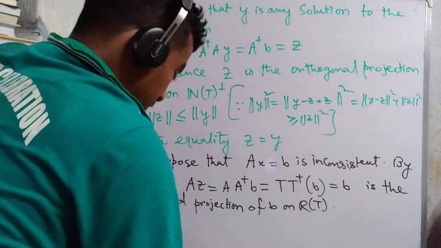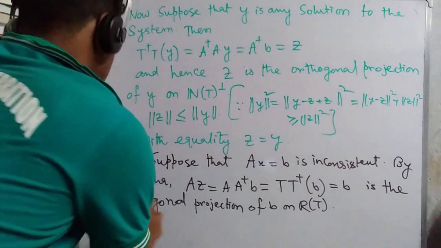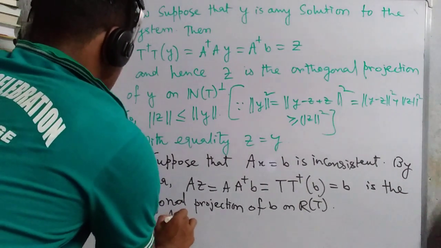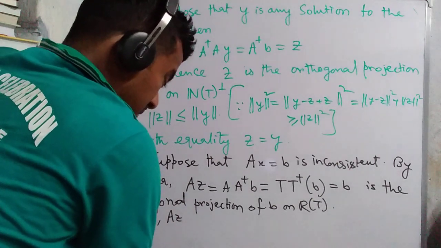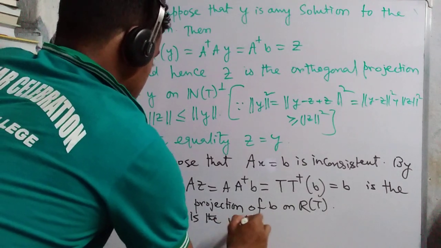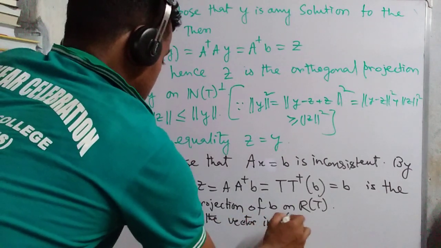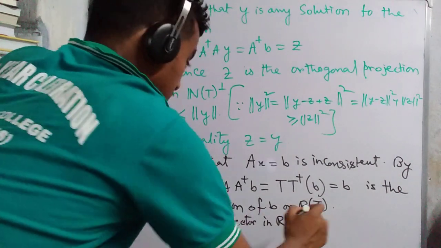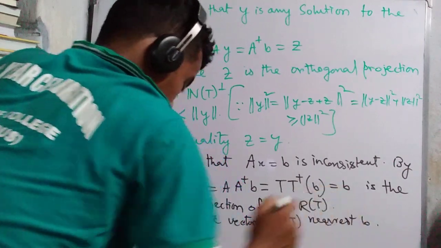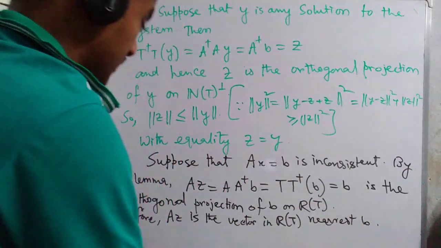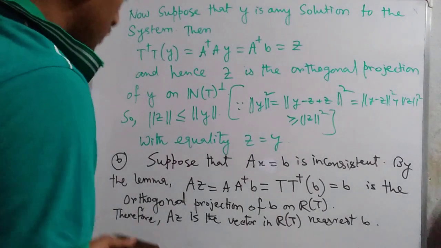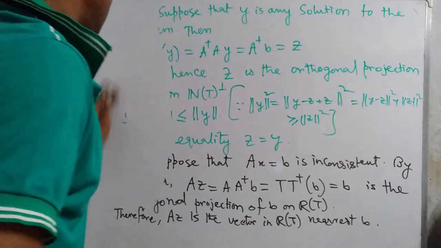Therefore Az is the vector in Rt nearest b. Okay. Then what happened? We now erase that portion and go to further discussion of that.